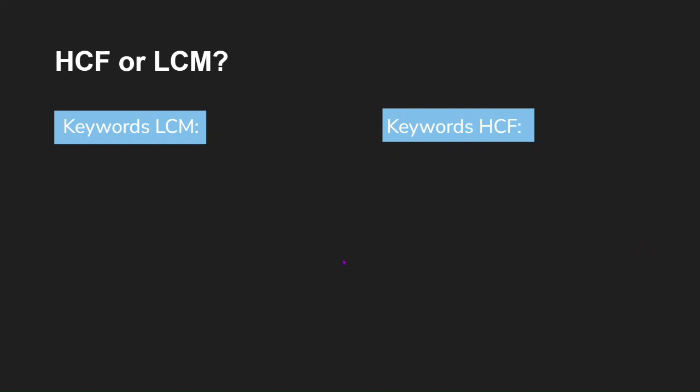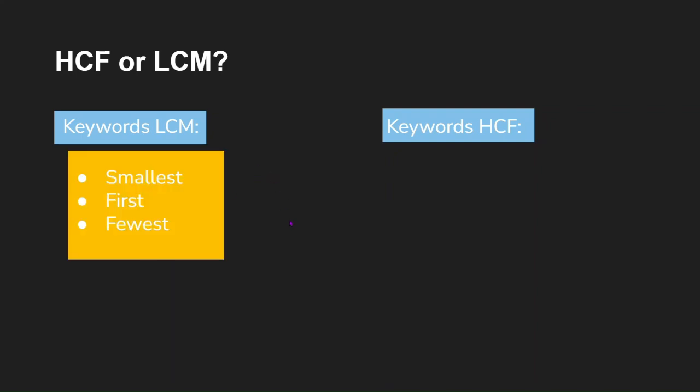Okay, so I've created two very short lists. These are not exhaustive. There are lots of words, keywords that you might find for both of these, but these are just to give you some ideas. So for lowest common multiple, you will often see words like smallest, first, or fewest. And these words all correspond with lowest, right?